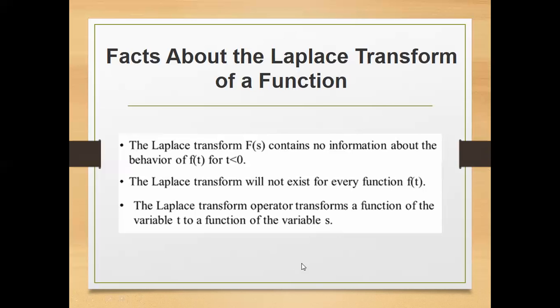So you are to remember these three. Not all functions have a Laplace transformation. The Laplace transform converts the function of a given variable to a function of s, and the Laplace transform does not hold any significance or information when t is negative.